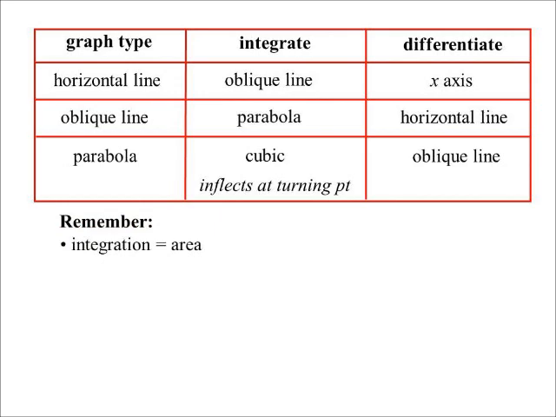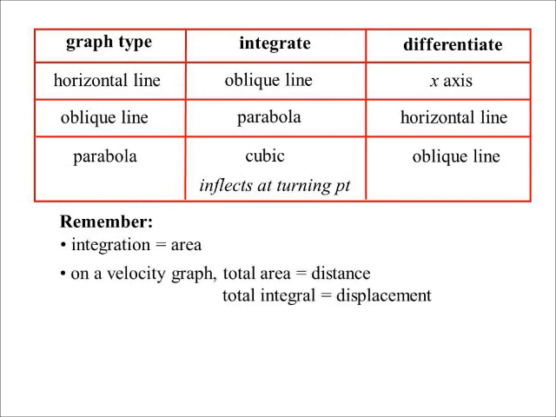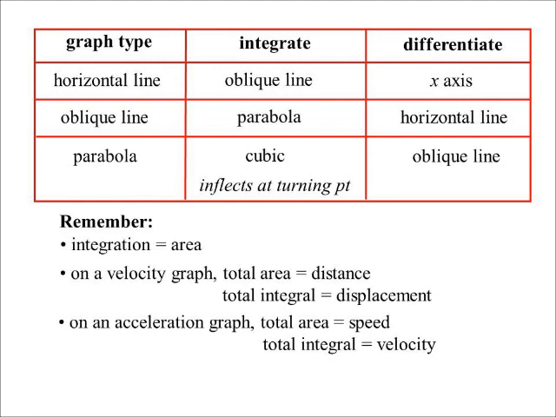So remember, integration is indeed area. So we can solve these problems sometimes without drawing the other graph, just using our knowledge of calculus. On a velocity graph, total area gives you distance, whereas the total integral gives you displacement. And on acceleration, total area gives you speed, whereas the total integral will give you velocity.